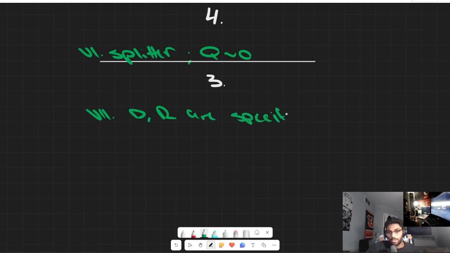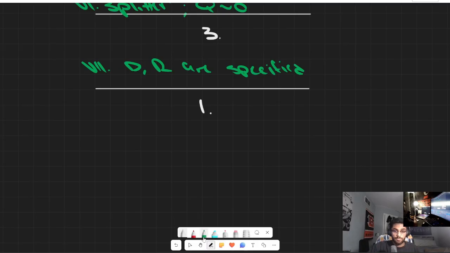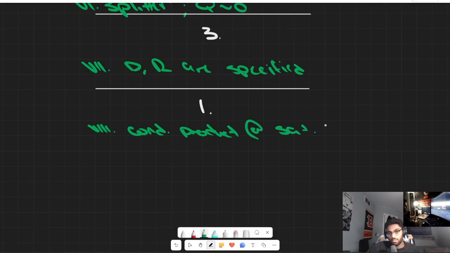These are specified values, which takes care of another 2, which brings us down to one last specifiable variable, and that is going to be something like the condenser product is at saturated temperature. And this takes care of all the degrees of freedom.